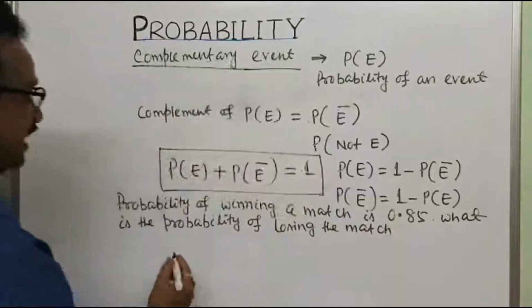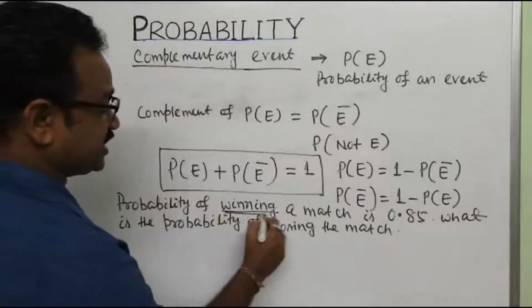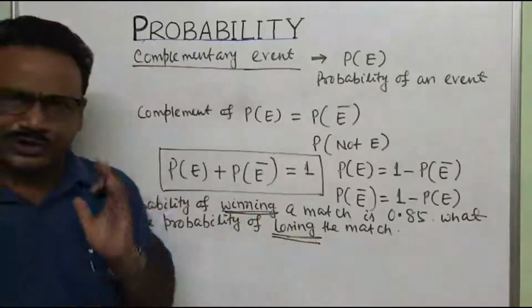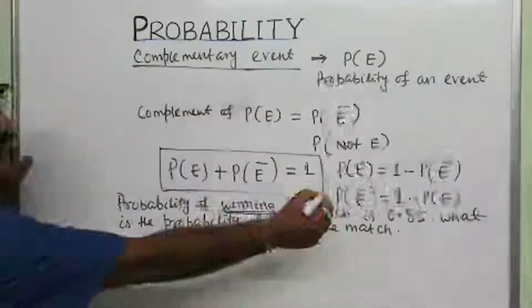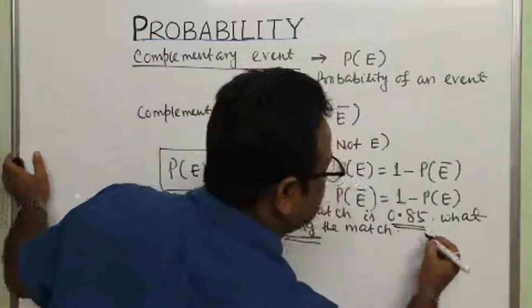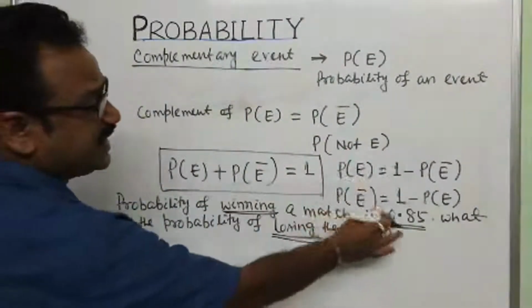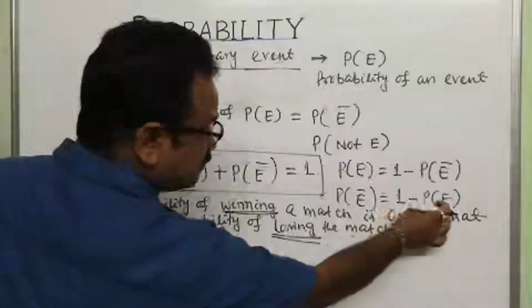So see, winning is the opposite of losing, complementary. Winning the match is 0.85. Then what is the probability of losing the match? So P(E) is 0.85, then P(not E) is 1 minus P(E).